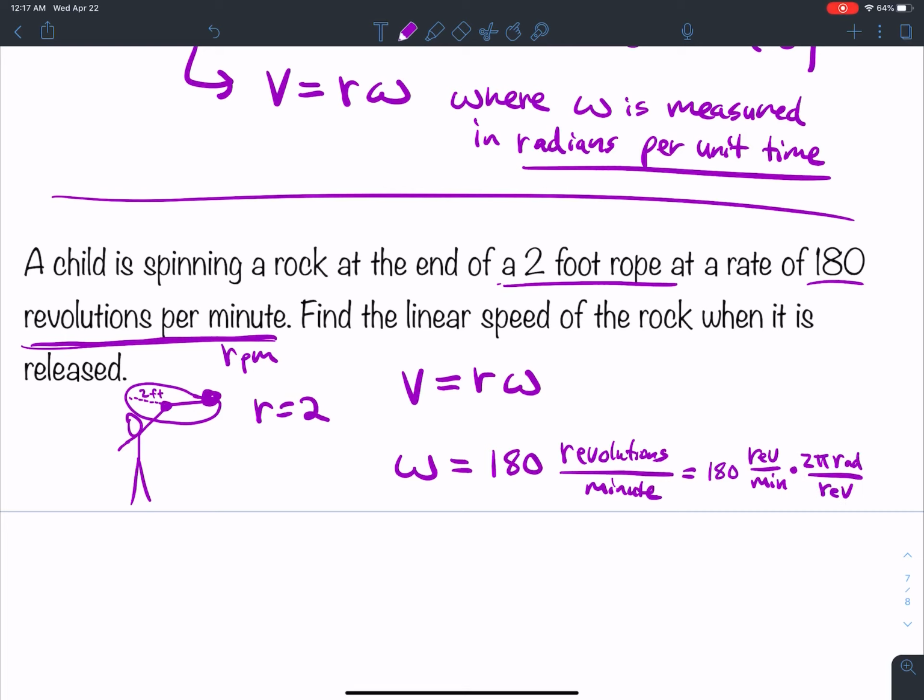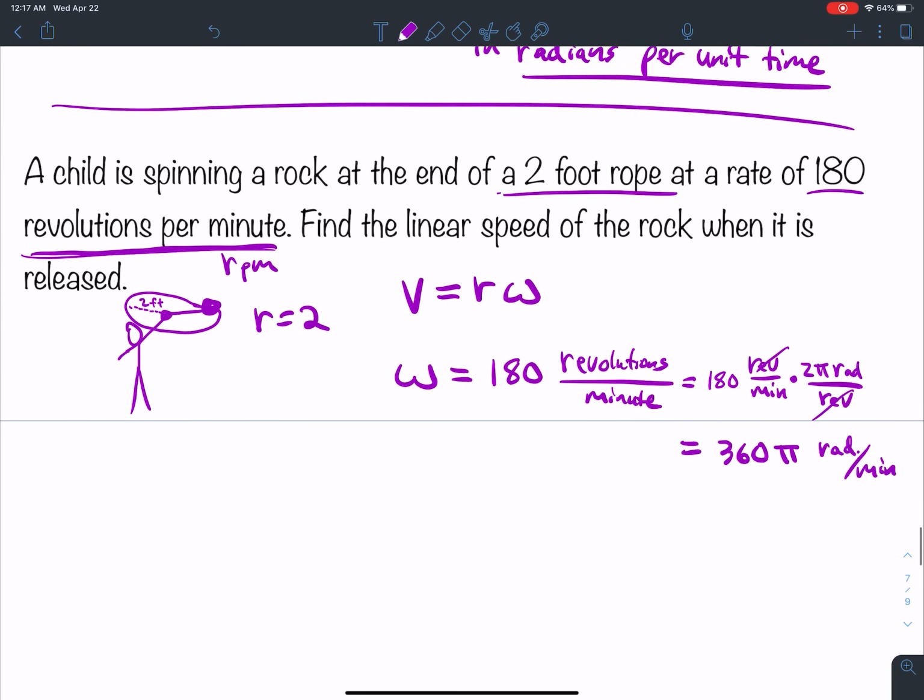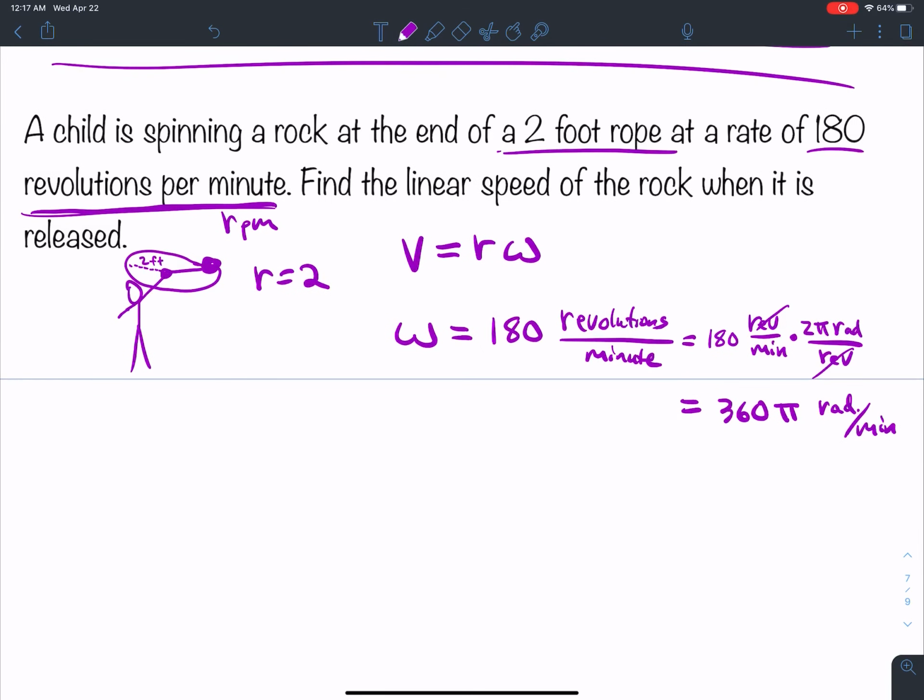And what do you know, those cancel and you get 360 pi radians per minute. Okay. So that's my omega.